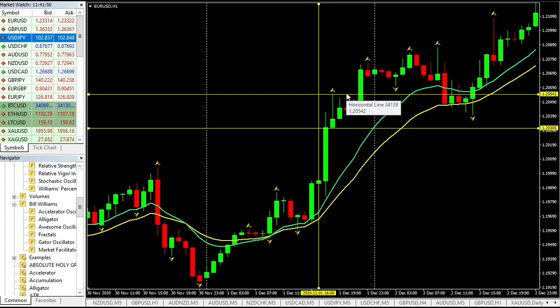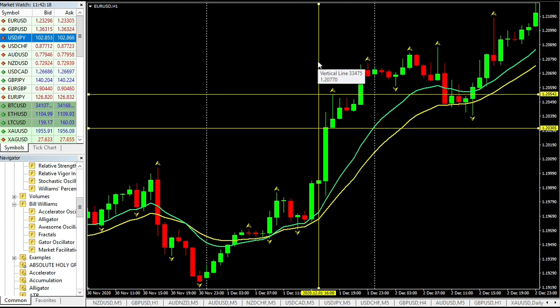Now in this case you will have about 23 pips. That's your risk, 23 pips. So you will get your 23 pips on this candle. Okay, so these are the 3 different ways of placing the stop loss.